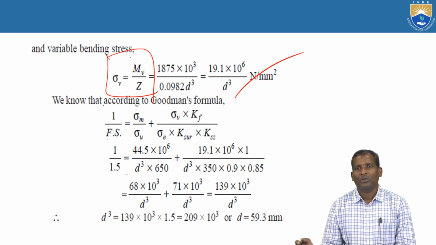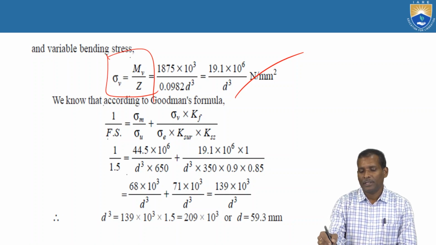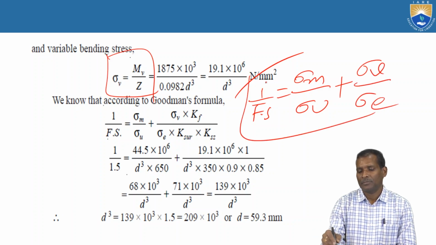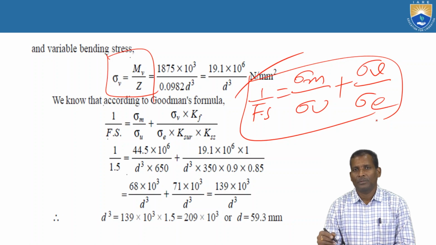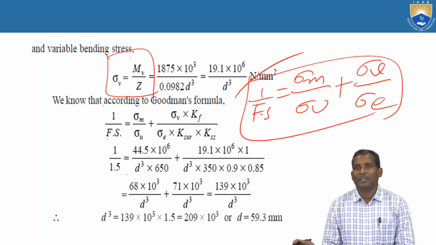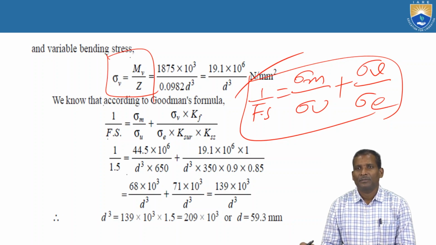Now apply Goodman theory. According to Goodman theory, one by factor of safety is equal to mean stress upon ultimate stress plus variable stress upon sigma e. This is for the Goodman line method without considering any factors. Suppose you are considering fatigue stress concentration factor, surface finish factor, and size factor.